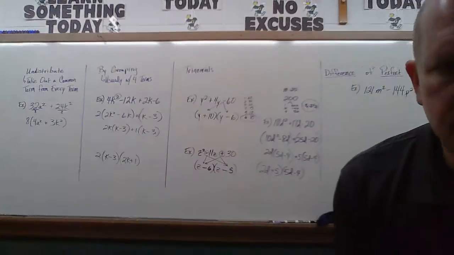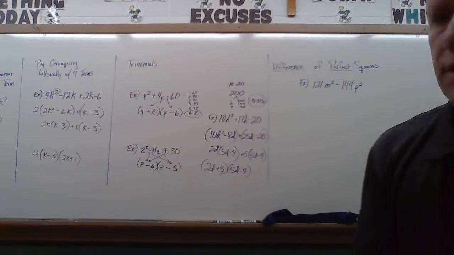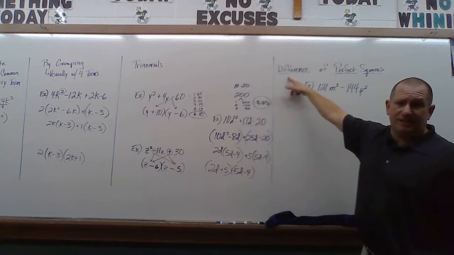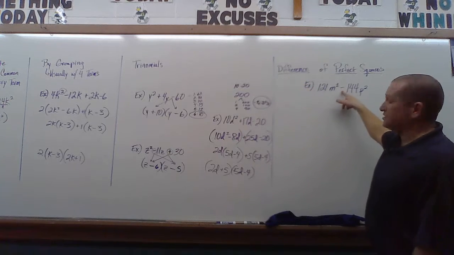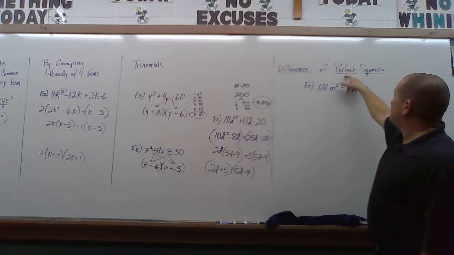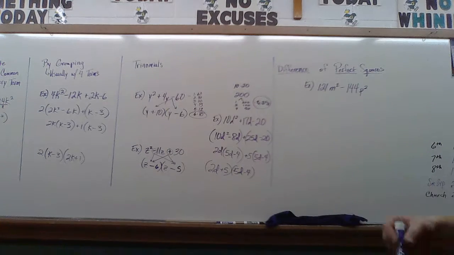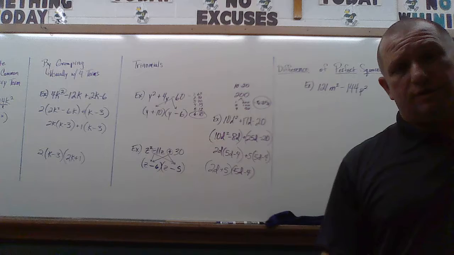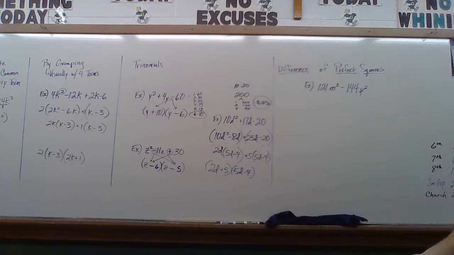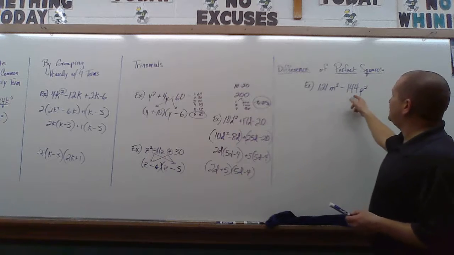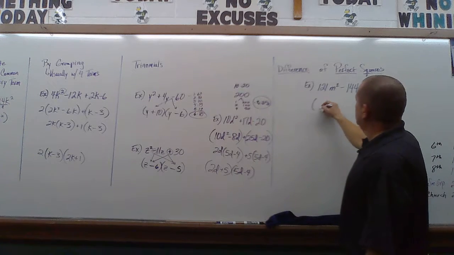Last but not least is doing the difference of perfect squares. When we say the word difference, we always mean that it's a subtraction problem. And perfect squares we talked about before. Remember, anything that is a perfect square, I can take the square root of it without getting a decimal for my answer. So difference of perfect squares, if you recognize that they're perfect squares, these are pretty easy.